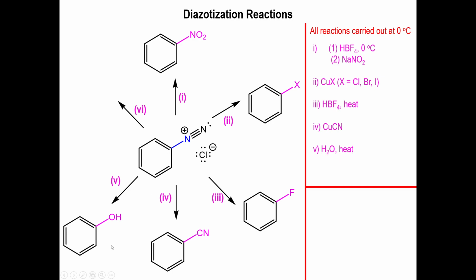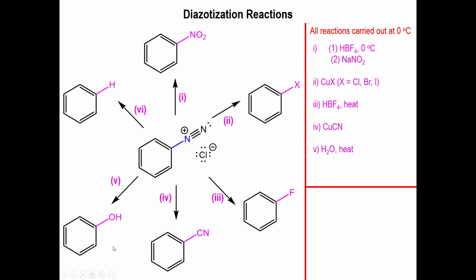Although I'll let you know right here, right now, it doesn't actually work for every single aromatic molecule. If you put a bunch of substituents on the benzene ring and you try to install the phenol group, there's a chance that it might not work out, in which case you have to take other synthetic routes to get to that point. But for now, we'll leave it at this. Introduce water to your diazonium salt with a little bit of heat, and you'll get the actual alcohol derivative.